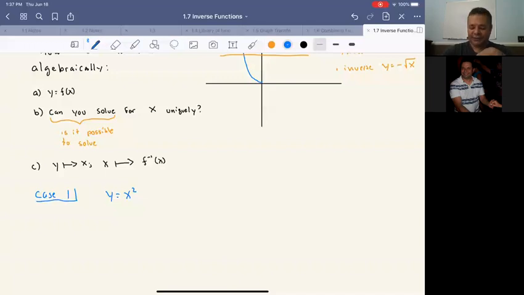So right on the second step, B, when I try to solve to get x by itself, I'm going to get plus or minus square root of y equals x. So you see that this plus or minus is a problem. I cannot solve for x uniquely. There are these two values that come out. So the plus or minus gives me a problem. So this is not invertible.